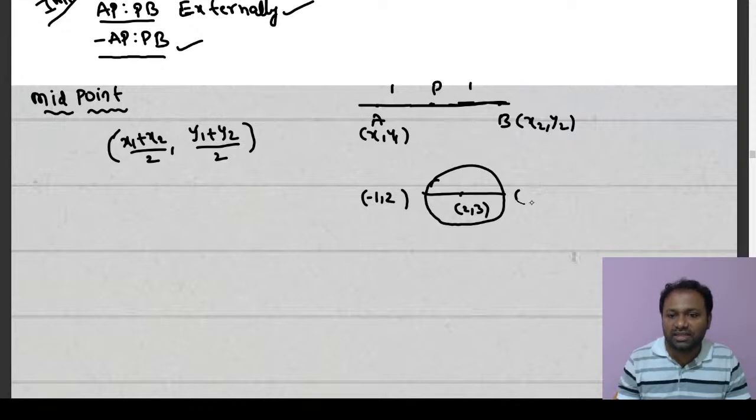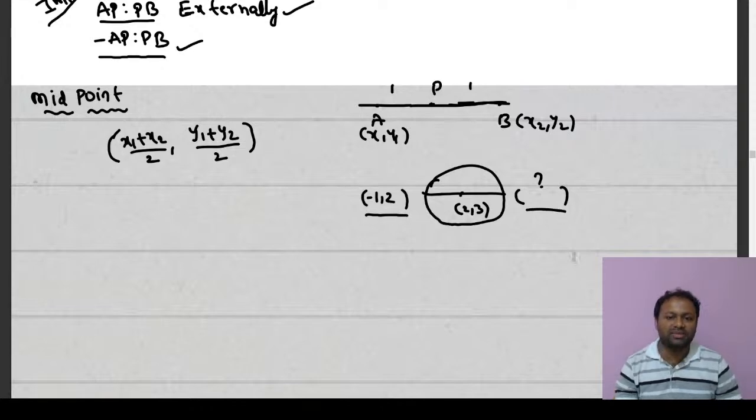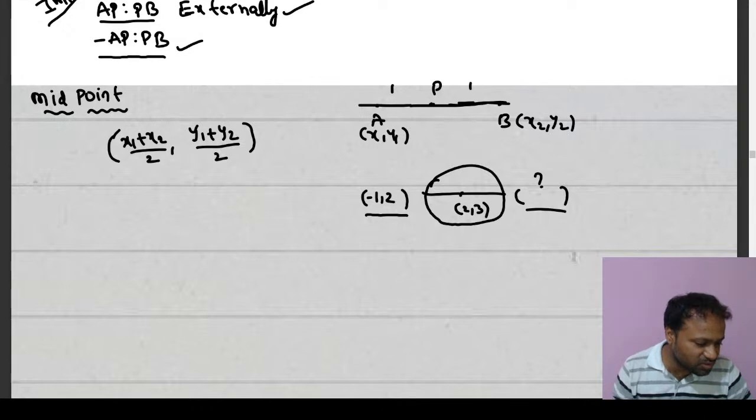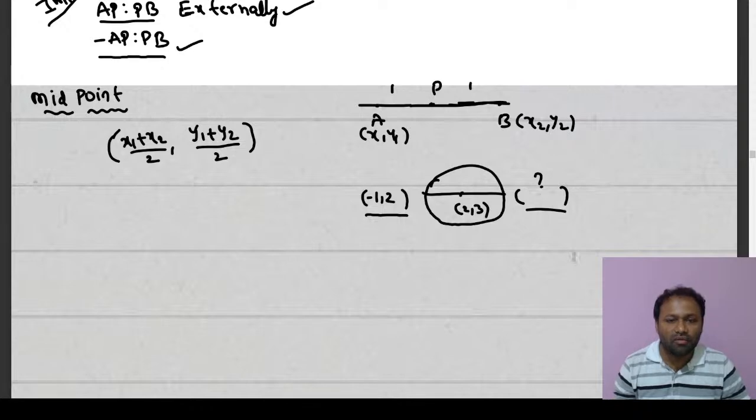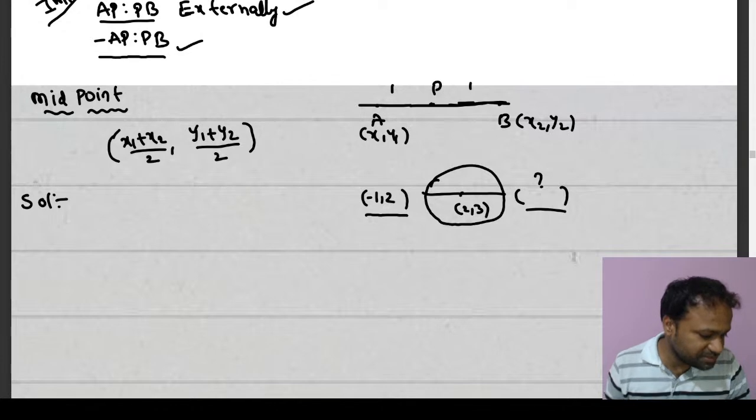Then what will be the other end of the diameter? This will be the question. One end of the diameter is given and we need to find the other end. How can you find it? Do the problem if anybody is interested.